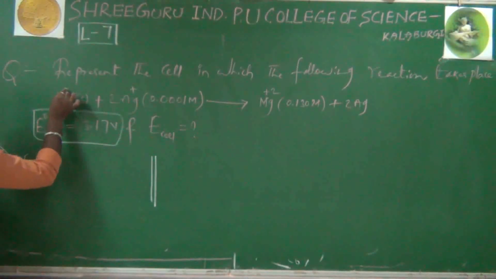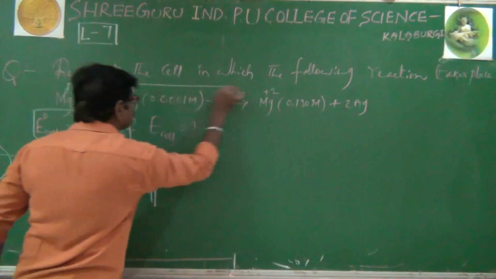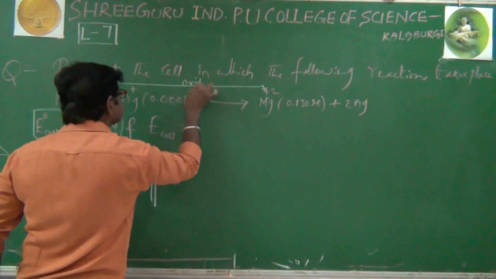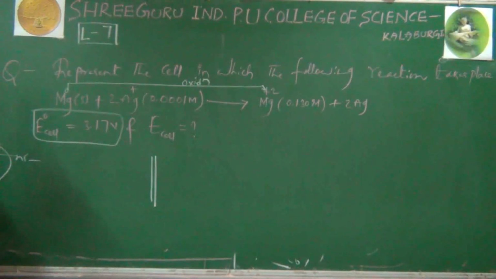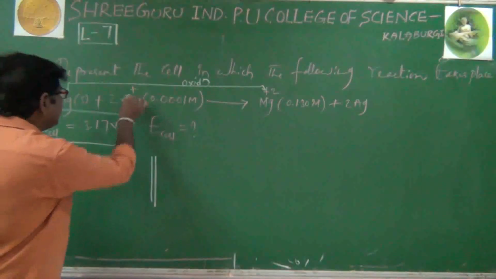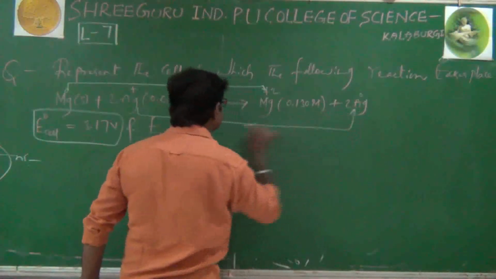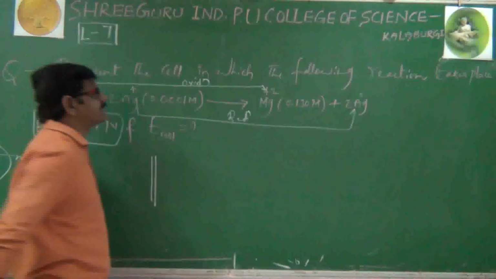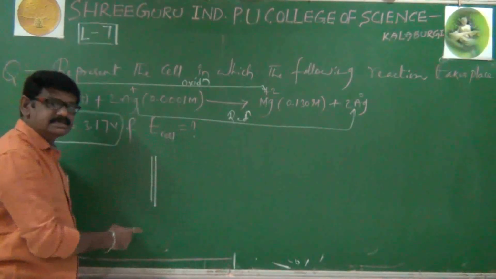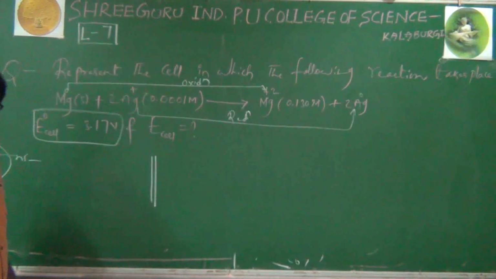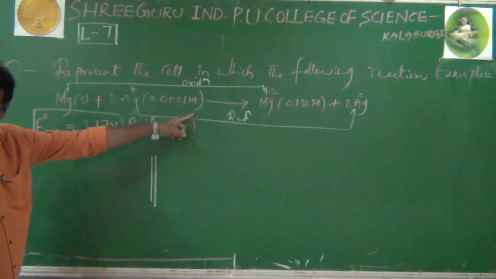See here, magnesium is right now in elemental state, 0 oxidation number, converted to +2, nothing but oxidation. Therefore we can confirm that magnesium is at the left side, acting as anode. Next, Ag plus converted to Ag, elemental state 0, that is nothing but a decrease in oxidation state, reduction is taking place. That's why the silver electrode is on the right side, acting as cathode. Because the oxidation electrode is anode, the reduction electrode is cathode.